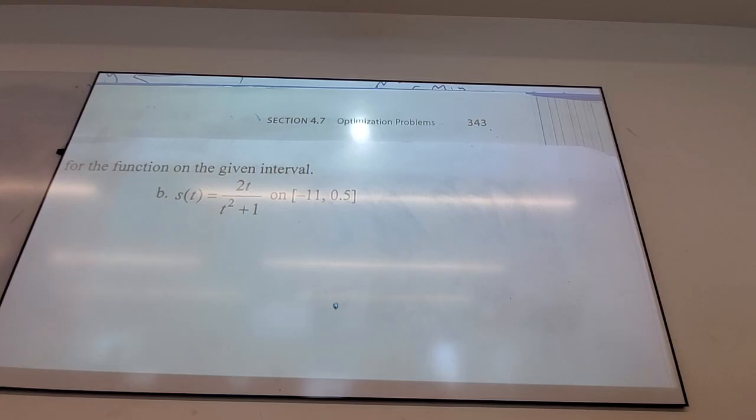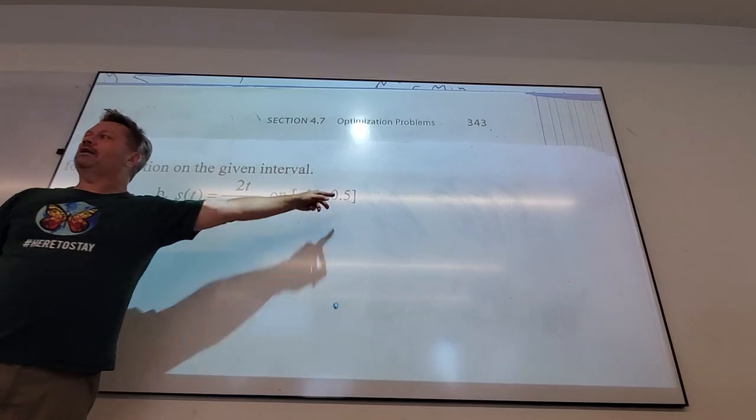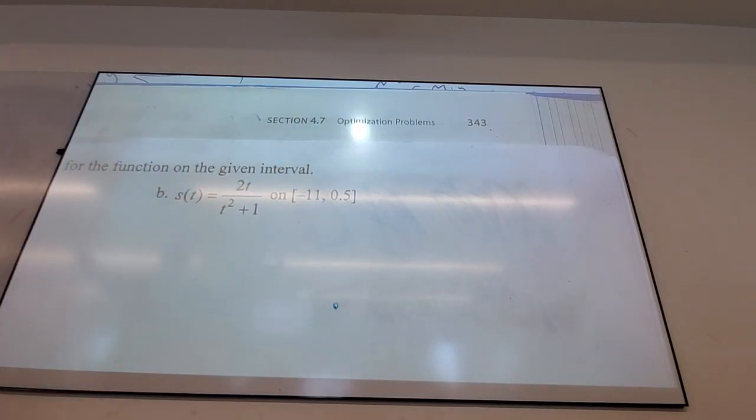Because that's a part of the whole idea. Absolute maximum just says, who's the biggest, who's the smallest, and where could the biggest and smallest happen? At the endpoints? Or at critical points that are in there, yes? So you just find the critical numbers, you plug in all the ones that are in the interval, including the endpoints, and then you just see who wins.